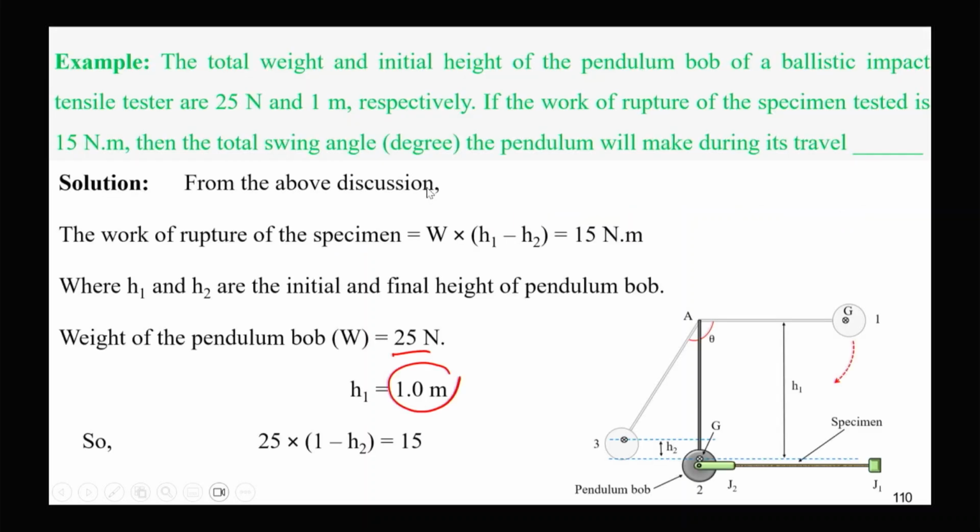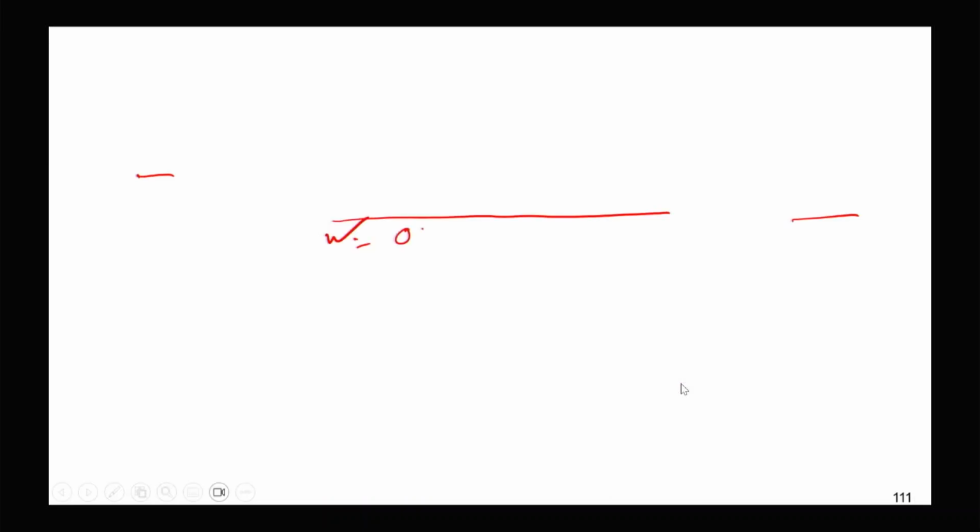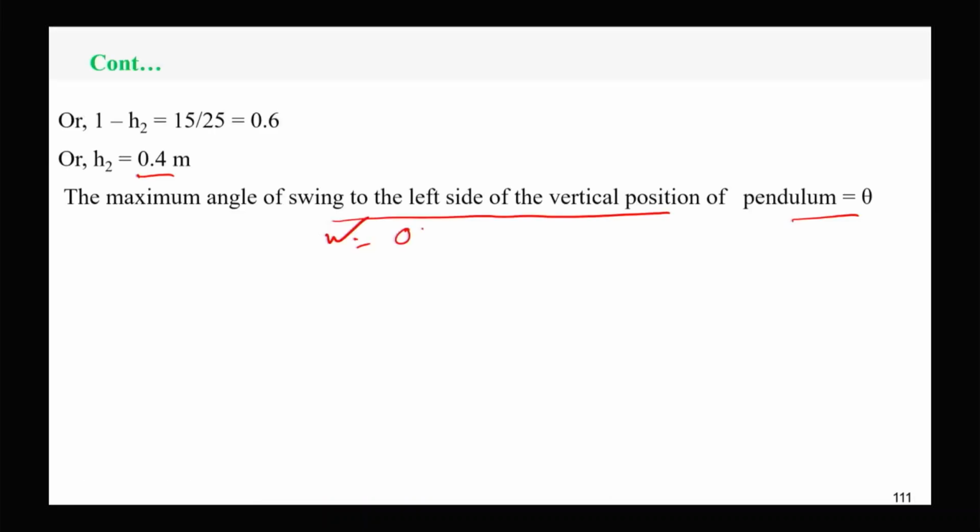Here this is theta, we can call it phi, otherwise we will get confused. So this is not theta, this will be phi.